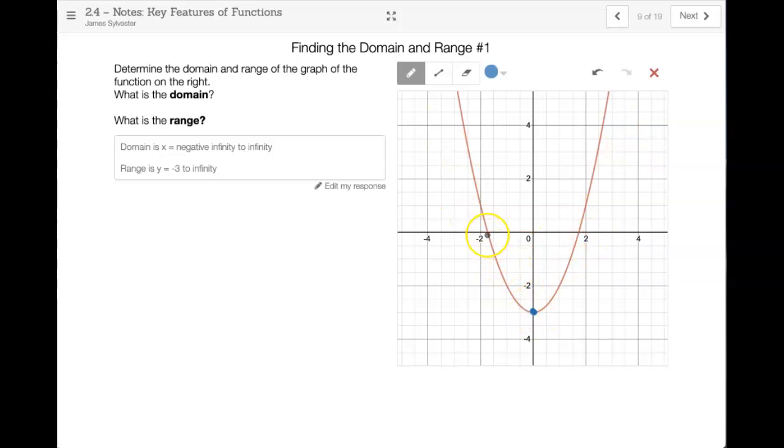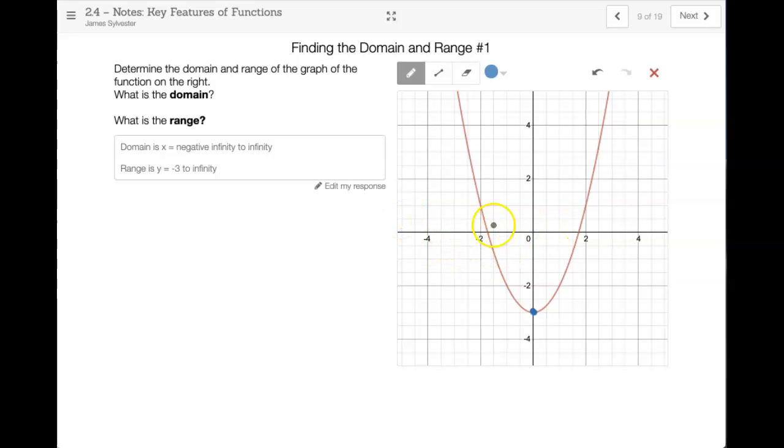For the x values, this graph will continue to move up and left, so it will continue forever moving up and left, meaning it'll keep going to -infinity as it moves left, because these numbers here are negative. And on the right side it'll keep going to the right and up, so it'll move toward +infinity on the x.